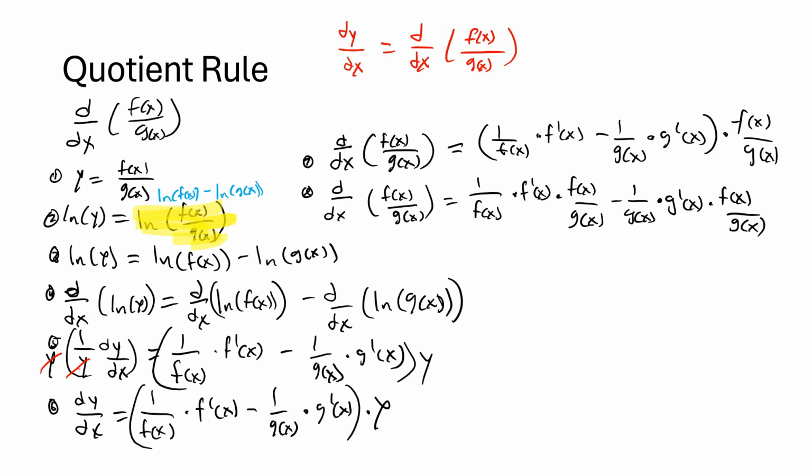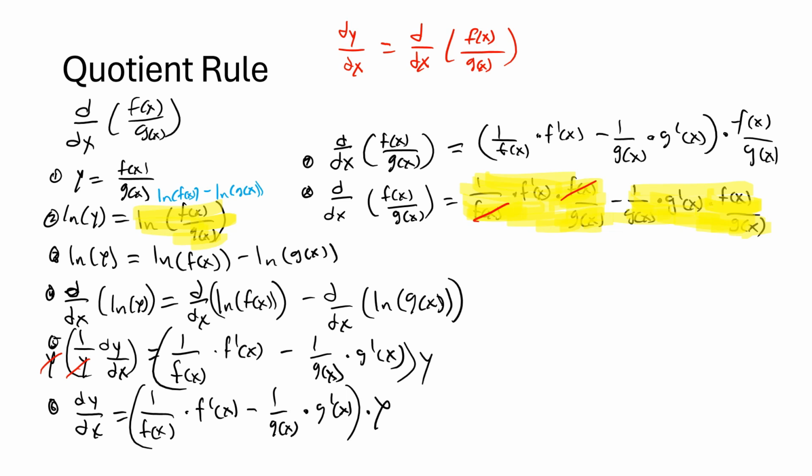So now we're going to just try to see if we can do any canceling out here. So let's look at this term first. Alright, so with this term, I see that we can cancel out an f of x. And then with this term, we can't cancel out anything.